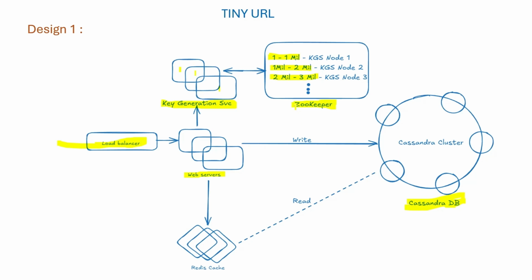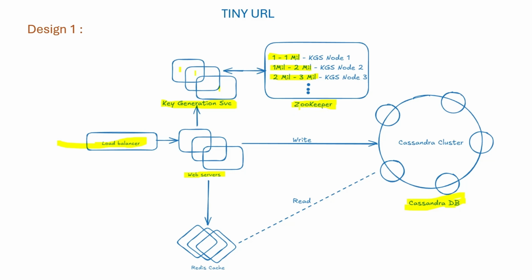So if there is any crash or a little bit of downtime in ZooKeeper, the key generation service should be able to provide the unique short URL strings to the web servers from its memory with the initial given set of 1 million numbers before the ZooKeeper comes back live.